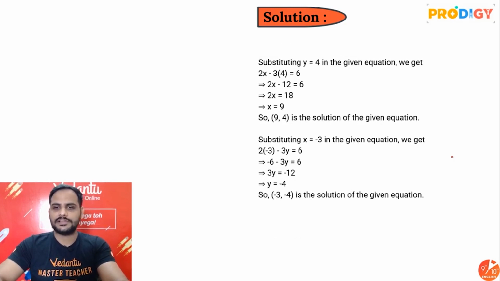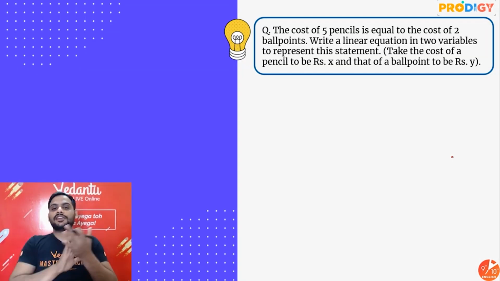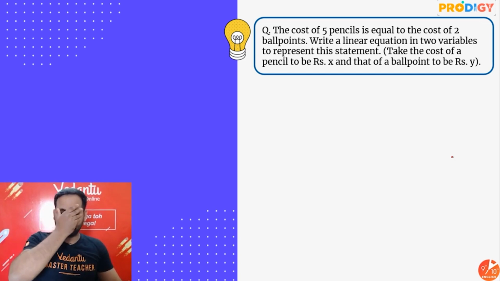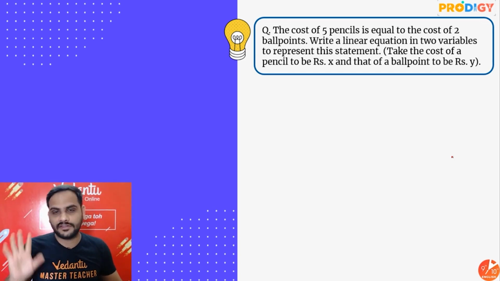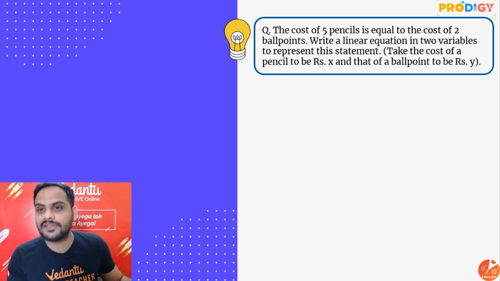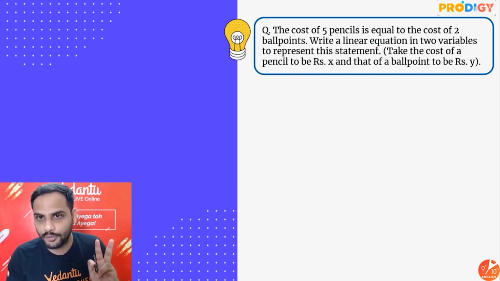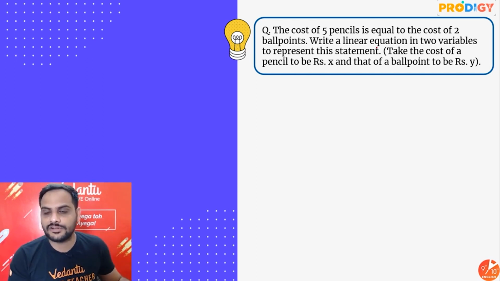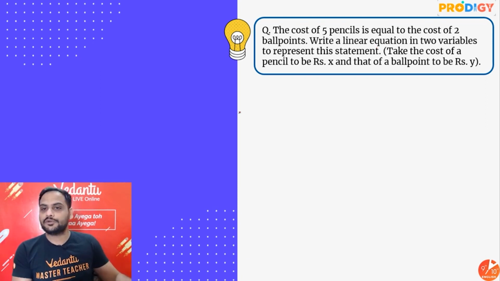Alright, let's go for the next question. The next question is easy. All the questions are very easy, trust me on this. The cost of 5 pencils is equal to the cost of 2 ball points. Write a linear equation in 2 variables to represent this statement. Take the cost of a pencil to be rupees x and the cost of a ballpoint pen to be rupees y.